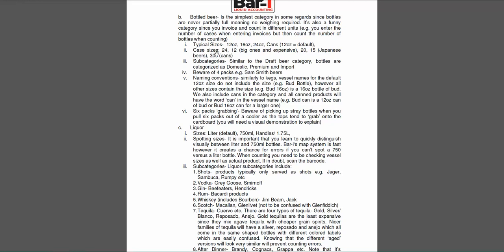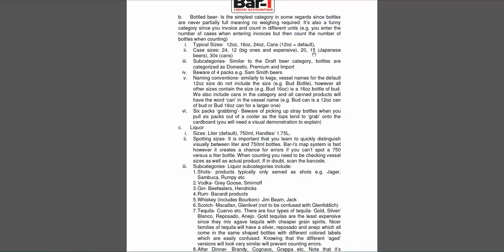So case sizes, by far the most common is 24. The big 22-ounce bombers and some very expensive beers will sometimes come in 12 packs. There are some strange European beers that come in 20 packs. Japanese large beers like Sapporo and Kirin come in cases of 15.